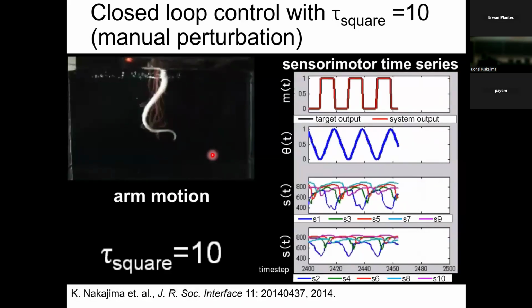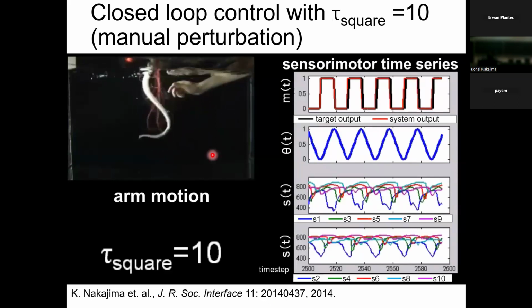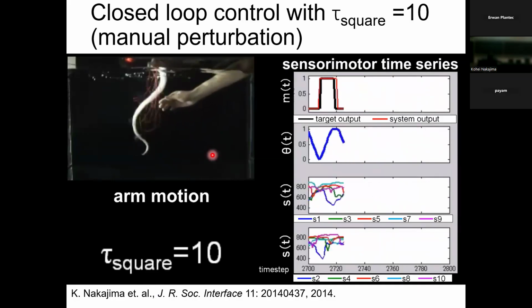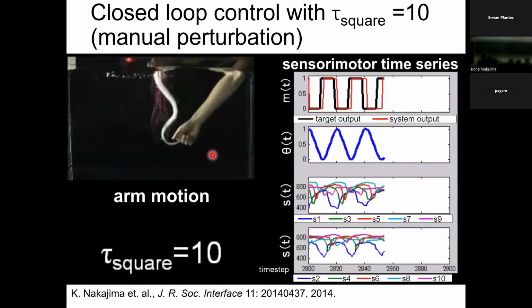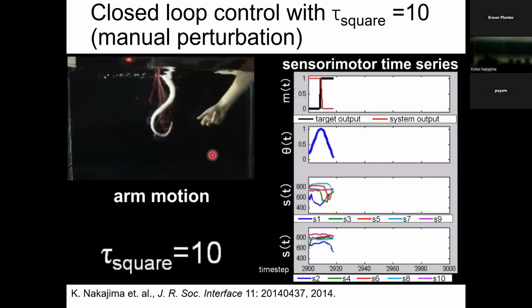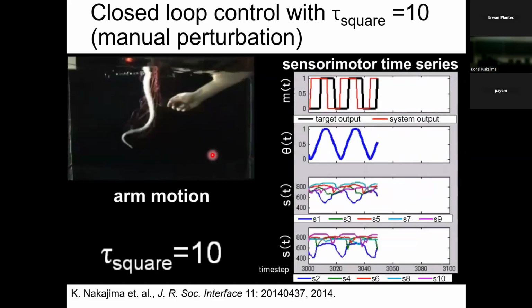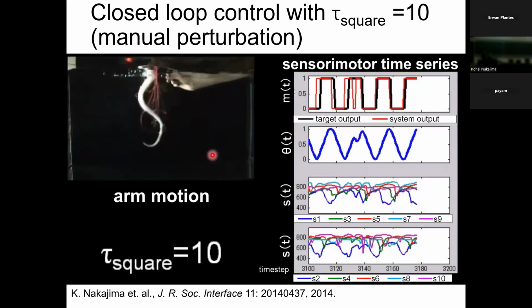And this is already a result. So we can successfully embed this kind of closed loop control into this body dynamics. We also put in some manual perturbation, because right now this body is also acting like a brain, so we are perturbing the brain directly.